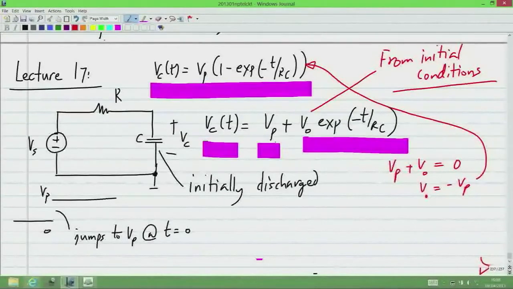Are there any questions on this first order RC circuit, how we analyzed it, the result that we have got? Any of that stuff?